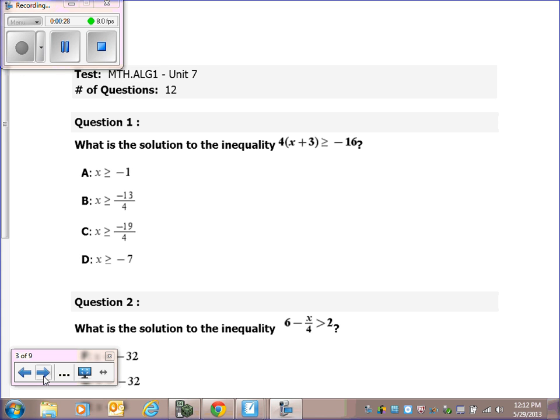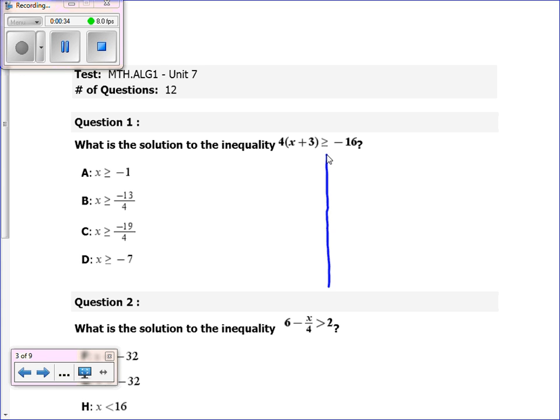Now, in solving this, we're going to first bring down our inequality sign. And we're going to apply the distributive property. 4 times x is 4x. 4 times 3 is positive 12.